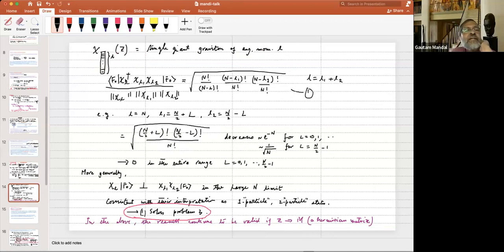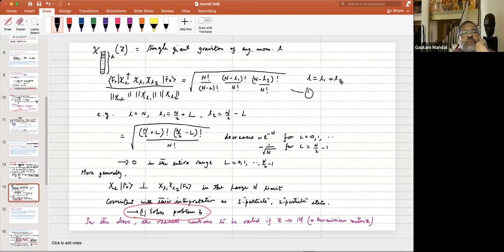Namely, if you compute the correlator of 3 Schur polynomials, here are some examples that I have given. I'm looking at now chi L dagger, chi L1, chi L2, where these are Schur polynomials of heights L, L1, and L2. Because there's a charge in the system, I must take L to be the dagger, and L equal to L1 + L2.